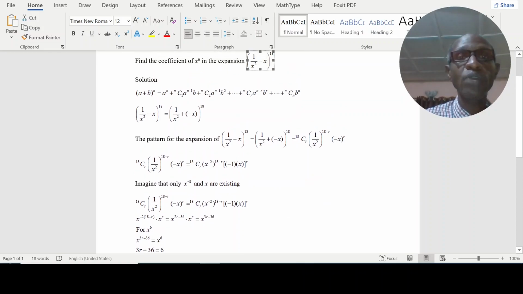Now I need to explain certain things to us. This expansion, the pattern for the expansion of this will be like this.